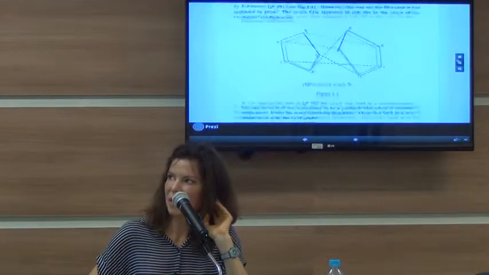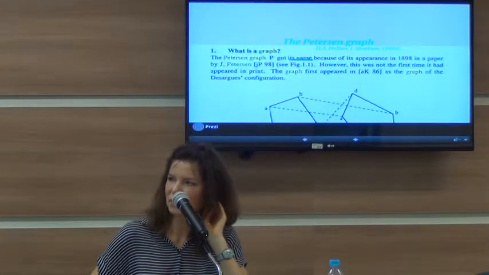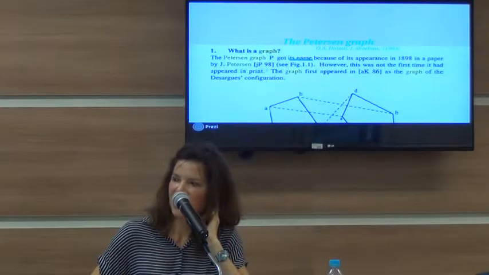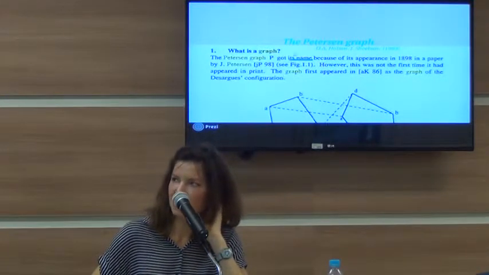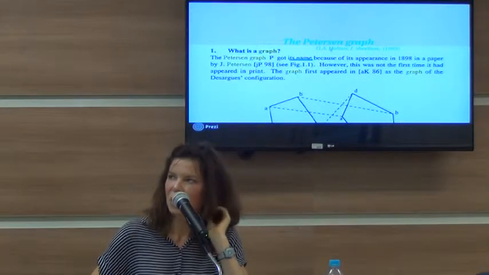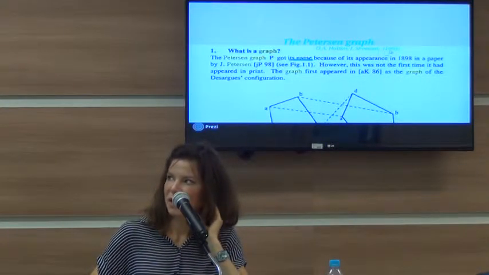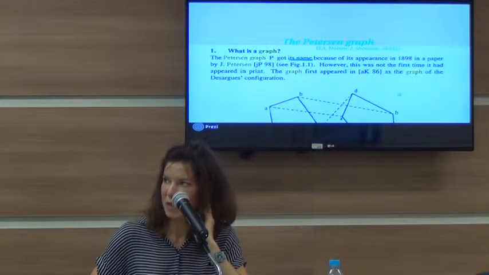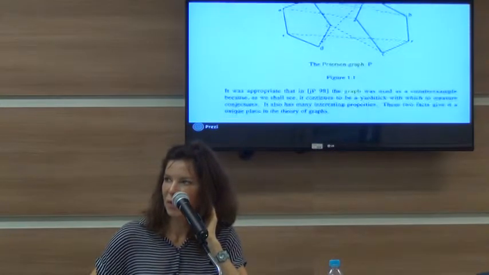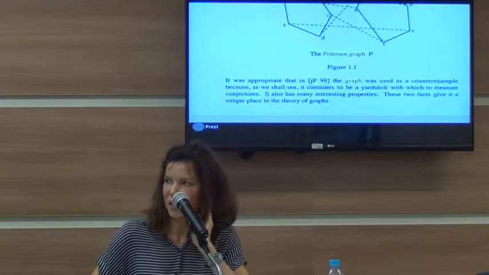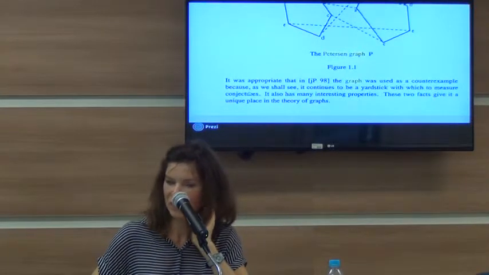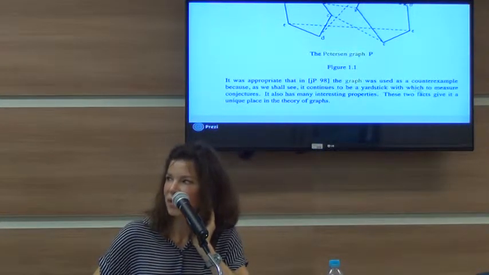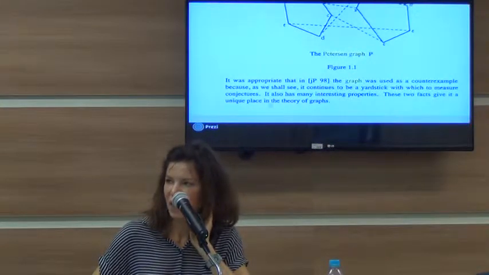What is so remarkable about Petersen graph? This is a page from the book The Petersen Graph by Holton and Sheehan, 1993, and they make a historical reference that it first appeared in Petersen's paper, but also they say it was appropriate that the graph was used as a counterexample in his paper, because, as we shall see, it contributes to be a yardstick with which to measure conjectures.